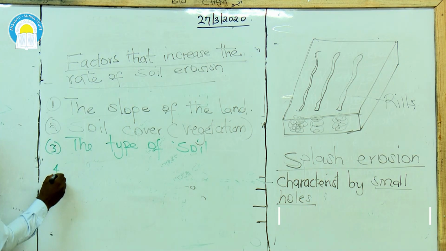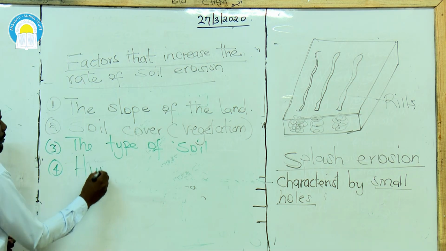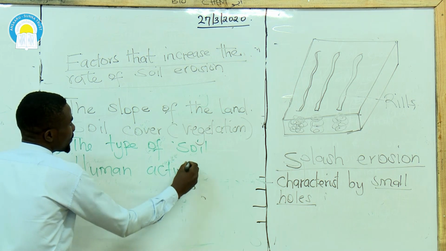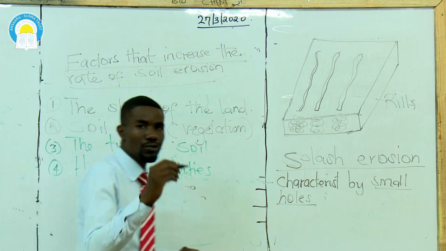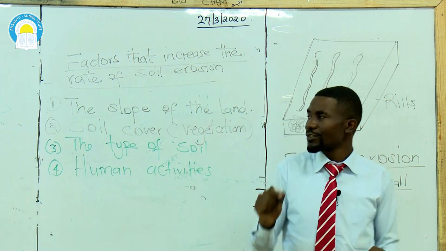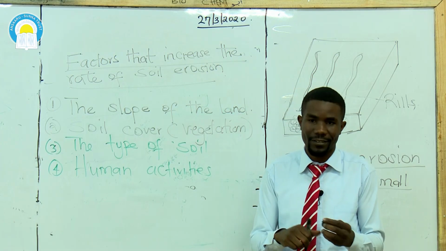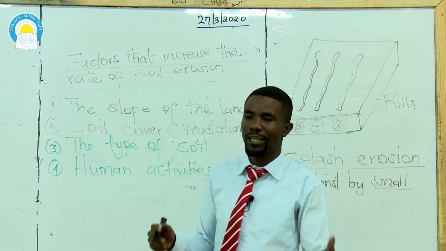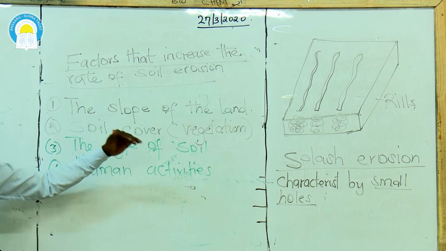Number 4, we will look at human activities. As a human being, what do you do that will cause or increase the rate at which soil erosion occurs? Our day-to-day activities, what do you do that you think will increase soil erosion?